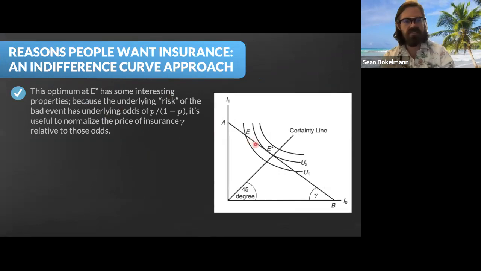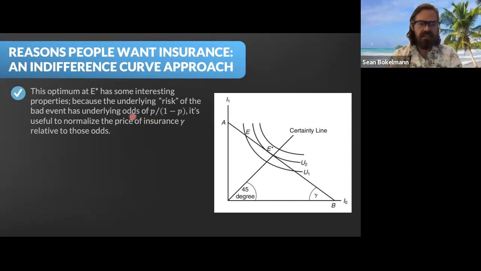All right, now this point E star has some interesting properties. So the underlying risk of the bad event has the underlying odds of P over 1 minus P. Okay, so P again is the probability of the bad state, right? And it can be useful to normalize the price of insurance, this gamma, relative to those odds, that relative probability.